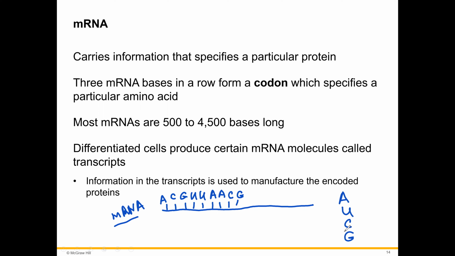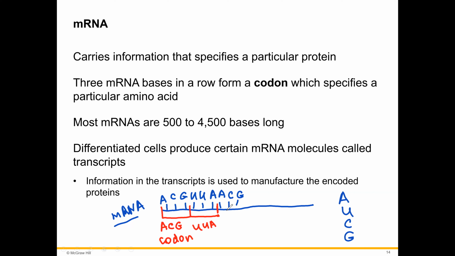Now, if you divide this mRNA into parts that include 3 nucleotides. Look, this one includes A, C, and G. This is called a codon. And then another 3, UUA.